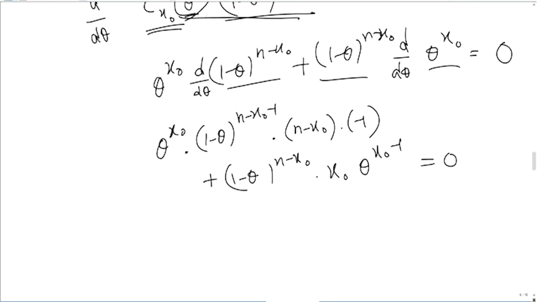Actually, you can take out these common quantities.